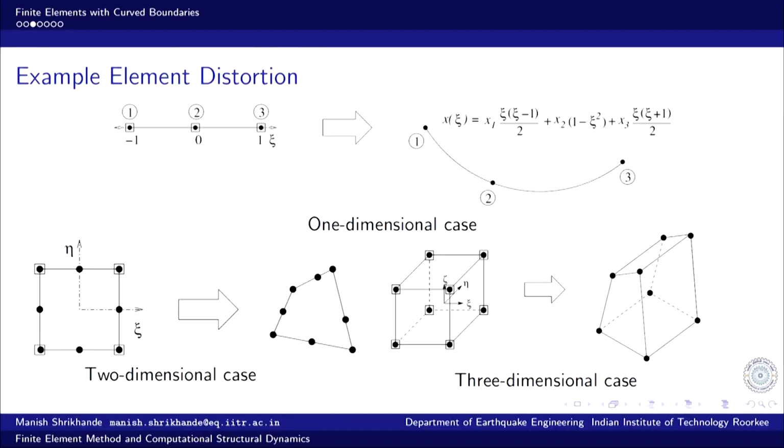We develop our approximation within these regular geometry parent elements, and then map that onto a distorted geometry, and the mapping transformation into an arbitrary shape will be according to the problem domain, because once I have the problem domain, we obviously know the coordinates where these nodes have to be placed.